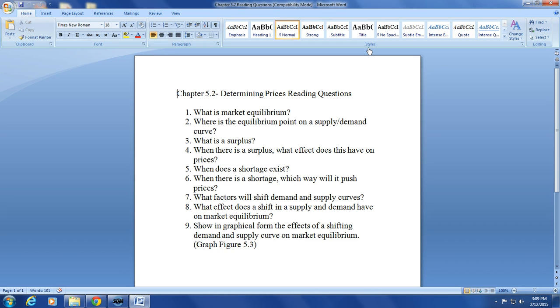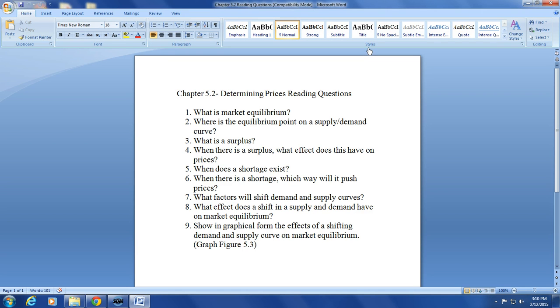So let's look at $90. At $90, as you go to the right, you have 30,000 demanded at point A, and then at point B you have 150,000 supplied. So at $90 you have way more supplied than demanded, and therefore you have a surplus.